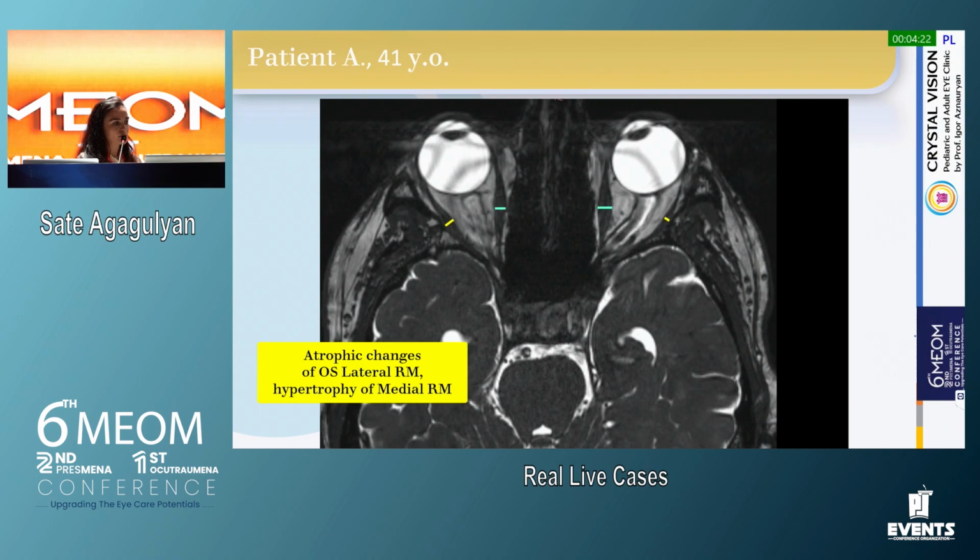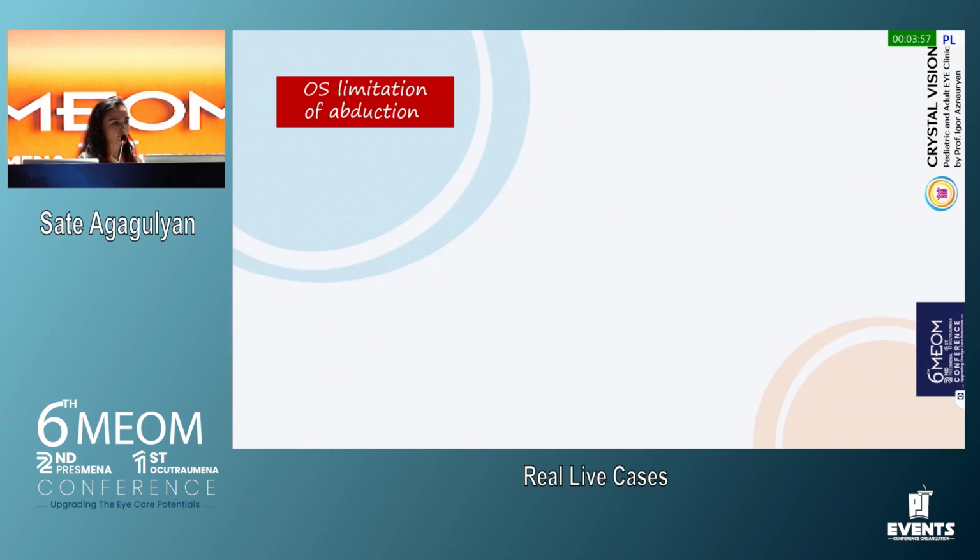We performed an MRI and found a very interesting case: he had an atrophy of the lateral rectus and hypertrophy of the medial rectus muscle. We think it was because of problems with the blood supply after this car crash, caused by trauma.